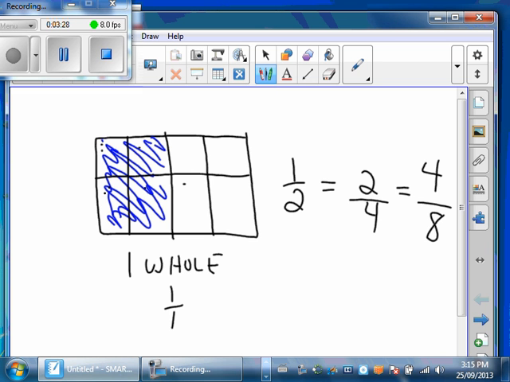Even though I've done no more shading, all of these fractions are actually equivalent because they still cover half of the overall size of this object. So 1/2 is said to be equal to, or an equivalent of, 2/4, and 2/4 is equal to, or an equivalent of, 4/8. The same as 4/8 is equal to, or equivalent to, 1/2.